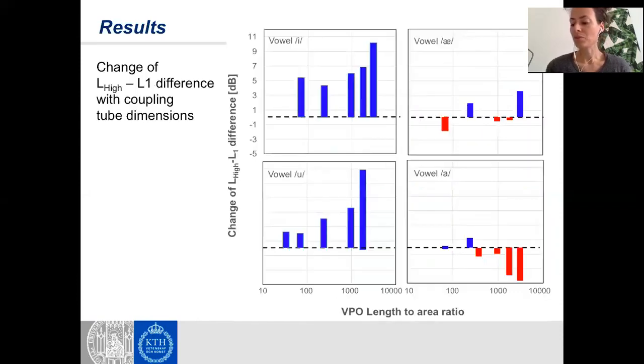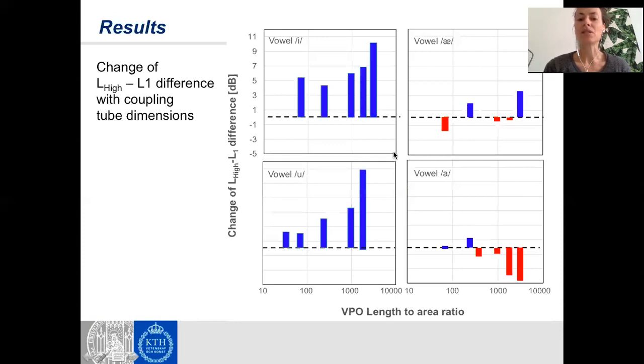So we can also look at the other vowels. And this is another presentation mode for the change of level difference with varying coupling tube dimensions.